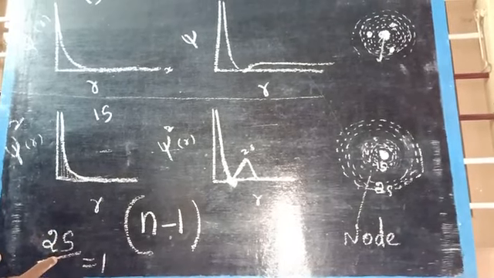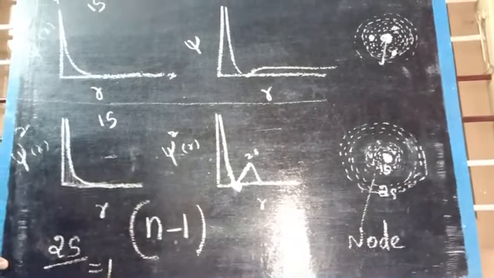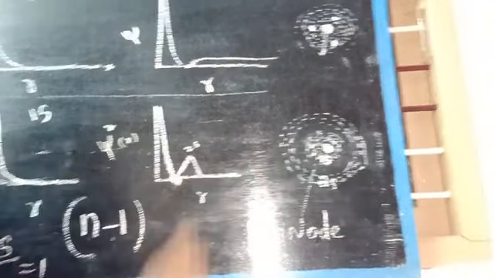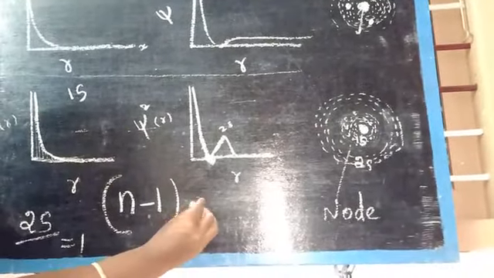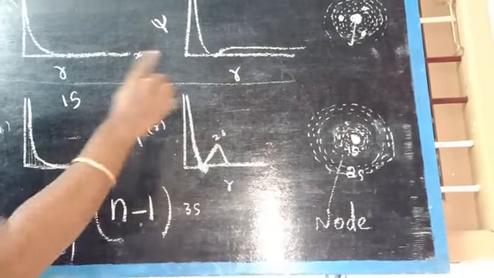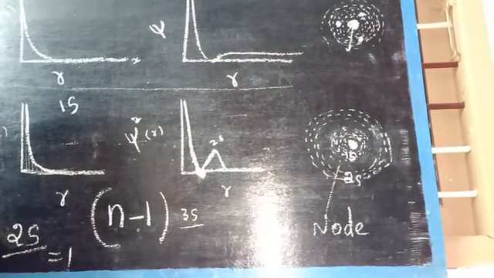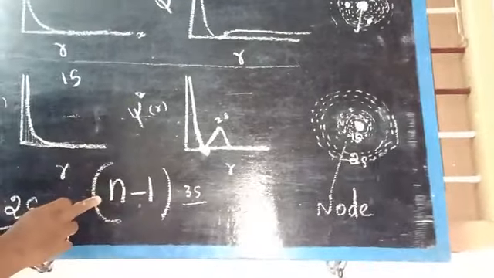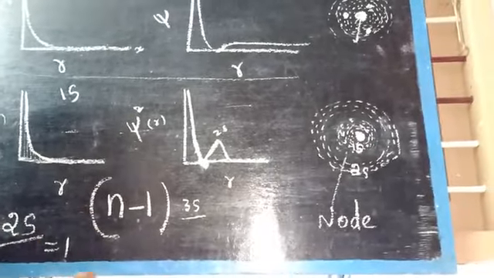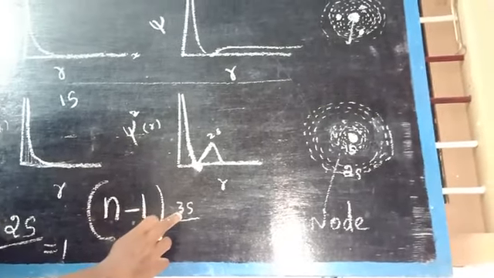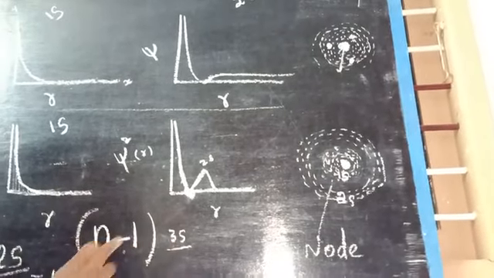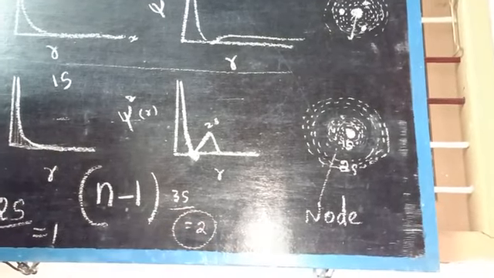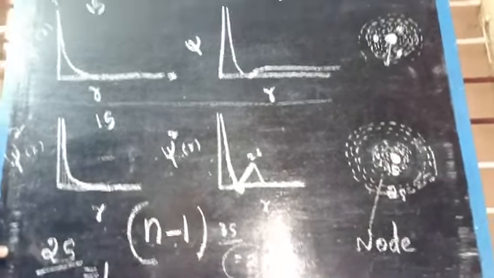So in the 2s orbital only 1 node is present. For example, the 3s orbital: how many nodes are present? Using the formula, n is equal to 3, so 3 minus 1 is 2. So in the 3s orbital, 2 nodes are present.